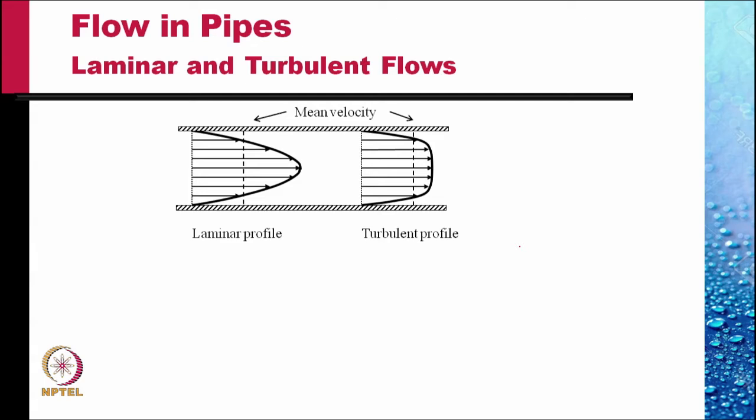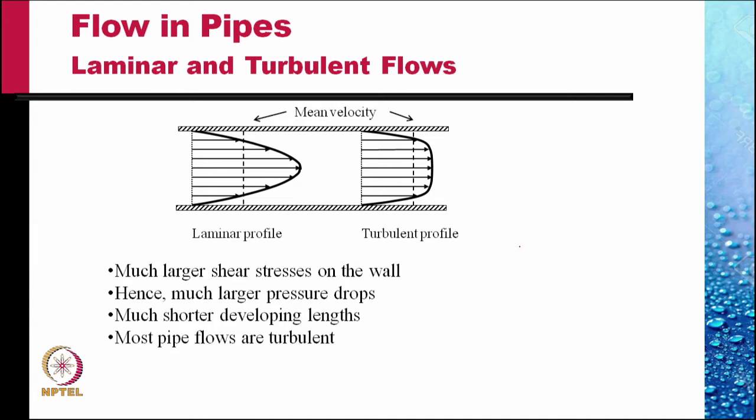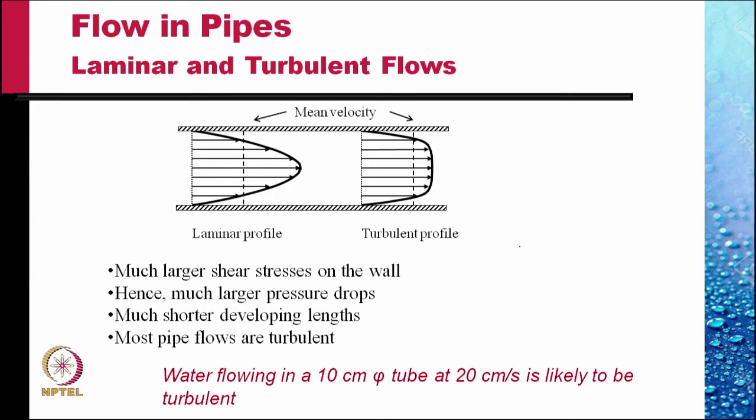It is much sharper at the walls, and because of this, there are larger shear stresses on the wall than in the case of laminar flows. And because of this, there are much larger pressure drops, much shorter developing lengths, as we discussed, and we know most flows are turbulent. Water flowing in a 10 centimeter diameter tube at a speed of 20 centimeters per second is likely to be turbulent.